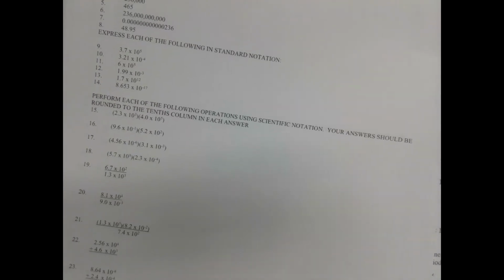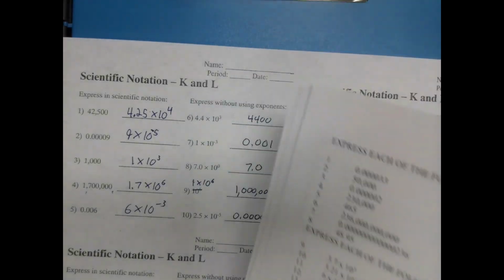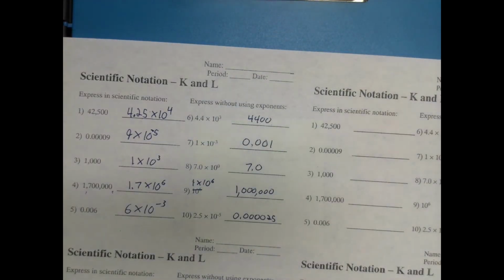So yeah, 22 would be adding. You just add the numbers together. You can use a calculator to do it. You can use your phone. Just make sure to record your answer in scientific notation. Your calculator might give you a number that's not in scientific notation. Put it back.